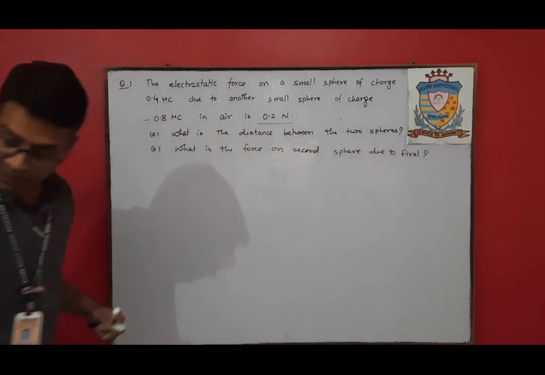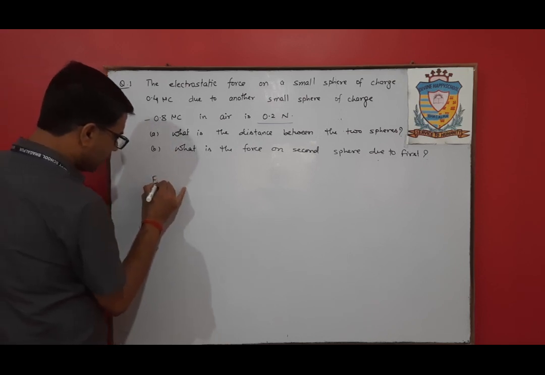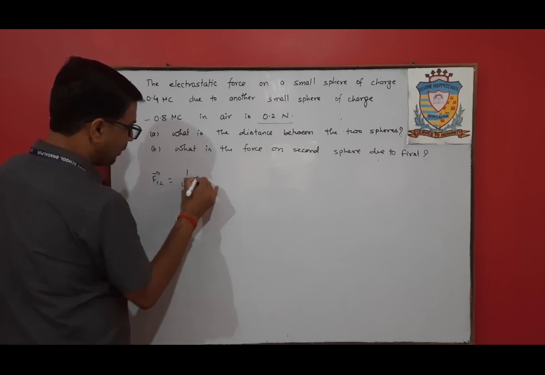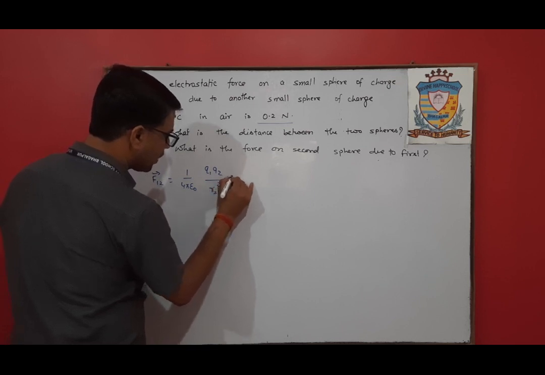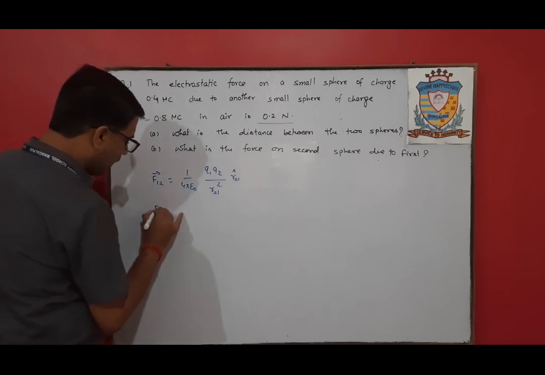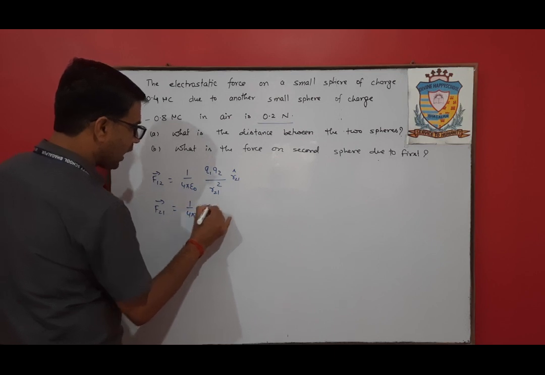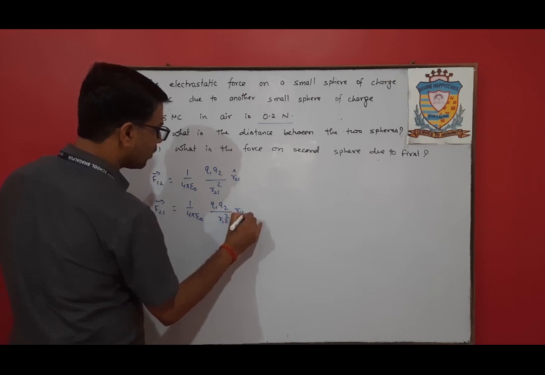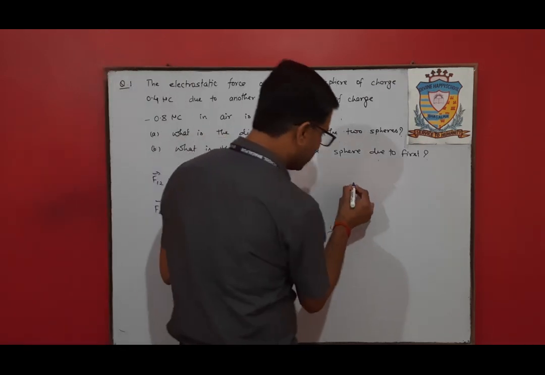As we have discussed in Coulomb's law, F12 is equal to 1 upon 4 pi epsilon naught Q1 Q2 upon R21 square into R21 cap, and F21 is equal to 1 upon 4 pi epsilon naught Q1 Q2 upon R12 square into R12 cap. And what about R21 and R12?